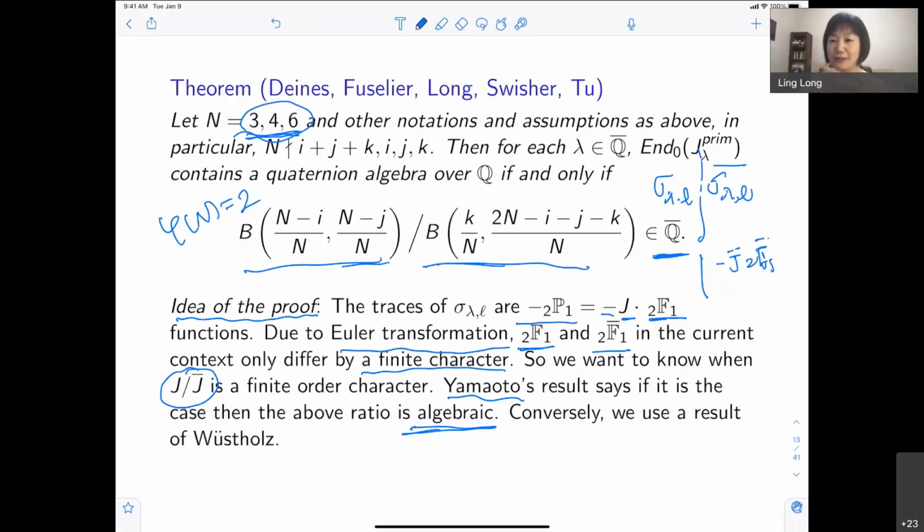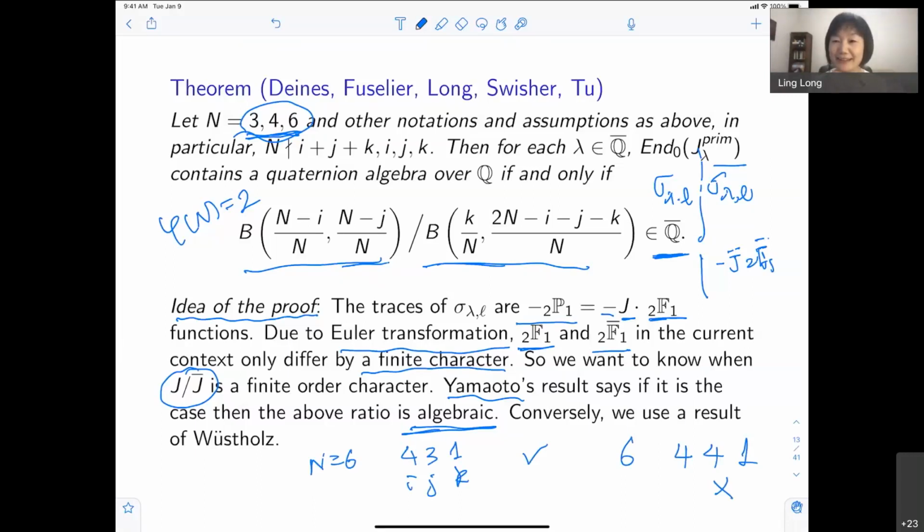They might be very much different, meaning the difference is not a finite order character, or they could be the same, as in the example I showed you with the 6431 case, IJK. In this case, it is. If I change the number to something arbitrary, say 66441, then the answer is not.